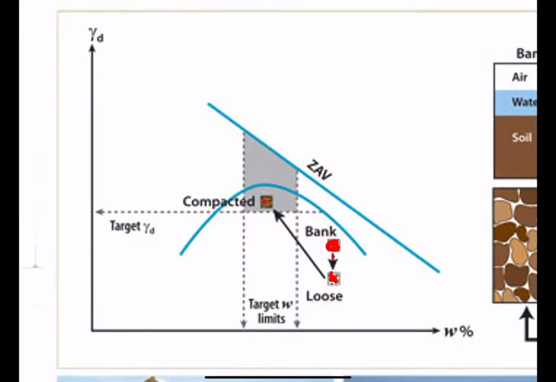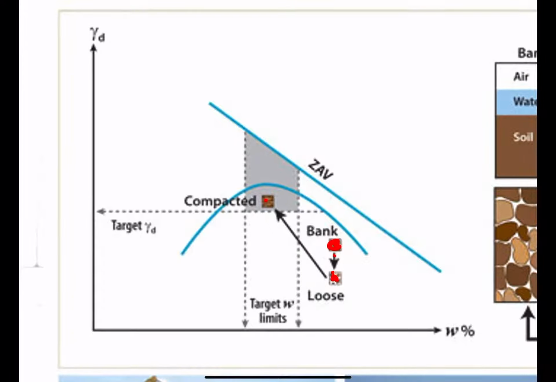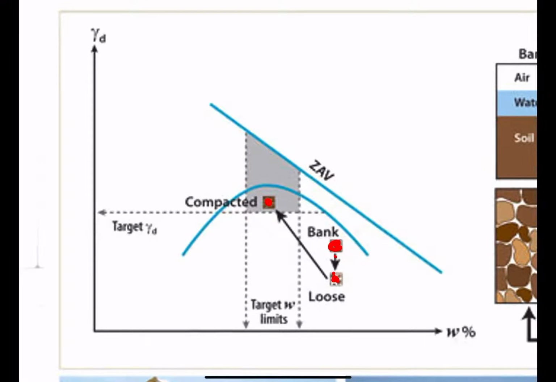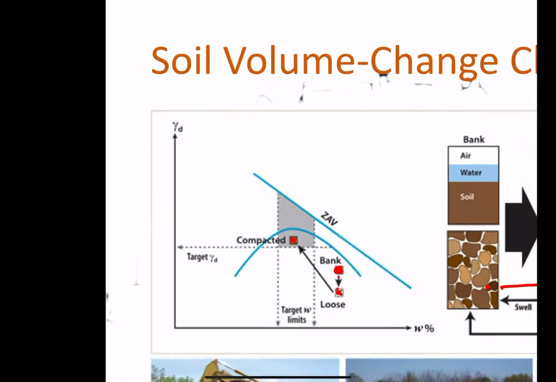And as you can see, density equals the weight divided by the volume. And then if you compact it, the volume reduces, the compacted dry density is increasing. So there is a relationship between that. ZAV stands for zero air voids, if you recall that.